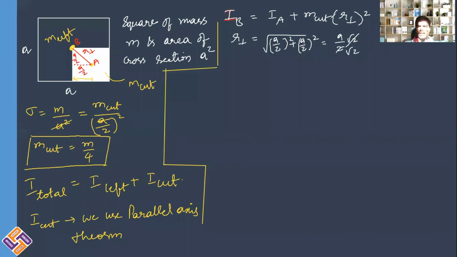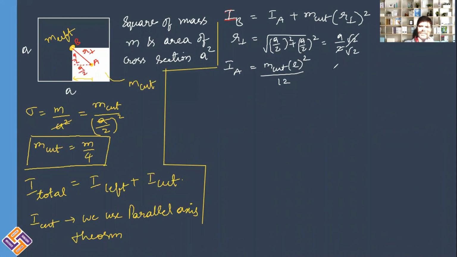The mass of the cut portion we have already calculated. And what about the moment of inertia of A? The moment of inertia at this position A, which is exactly at the center, will be equal to the mass of the cut portion into L square divided by 12. It is similar to that of a rod, which we have already calculated.